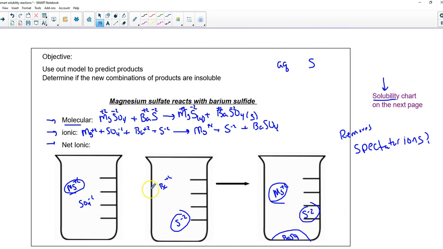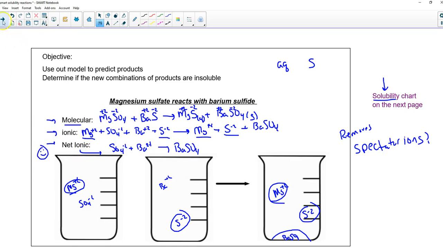Well, the barium and the sulfate came together to form a solid. That's what happened. So remove spectator, remove spectator, remove spectator, remove spectator. And what's left? Sulfate plus barium yields barium sulfate. And that's called the net ionic equation, which is also extremely common.